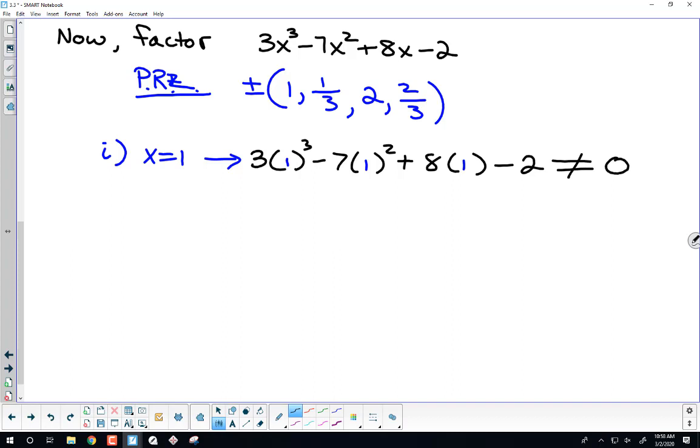Did you already find it? Yeah. So naturally we're probably just going to go through this list in order. Okay, 1 didn't work. We're going to try -1 into that function.